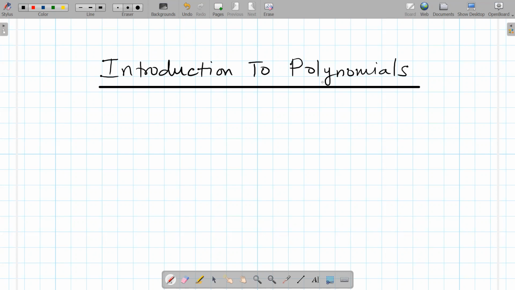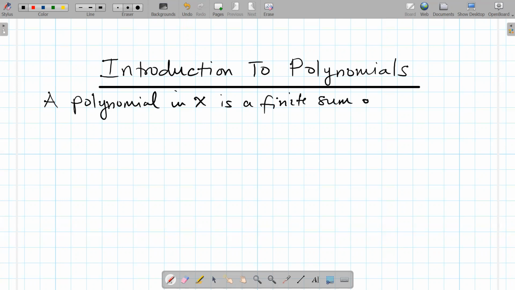So let me put it this way, that a polynomial in x, that is in the variable x, is a finite sum of terms of the form, this form here.